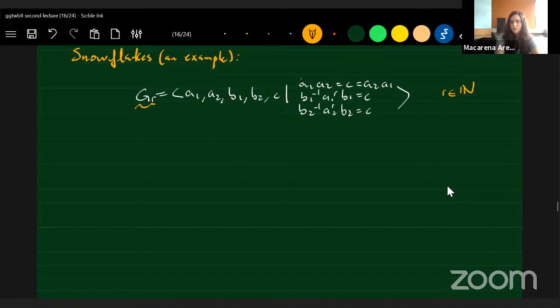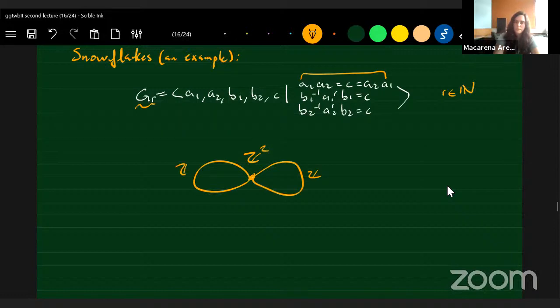The first relation indicates that A1 commutes with A2. So the vertex group is going to be, as we know, Z squared. And these relations right here tell us that it's a double HNN extension. So this is the graph of groups.